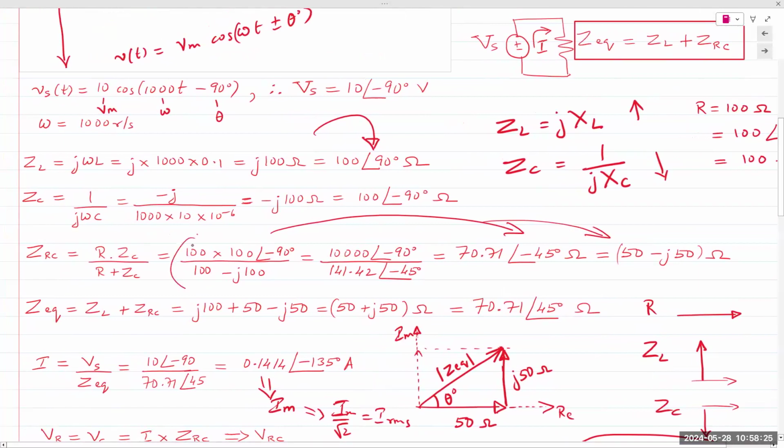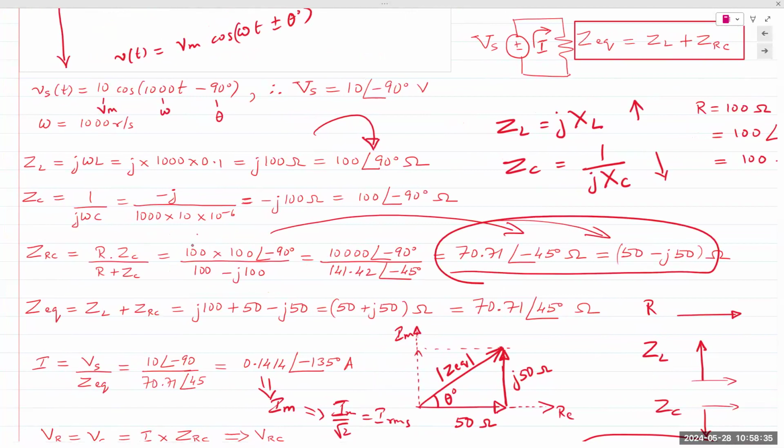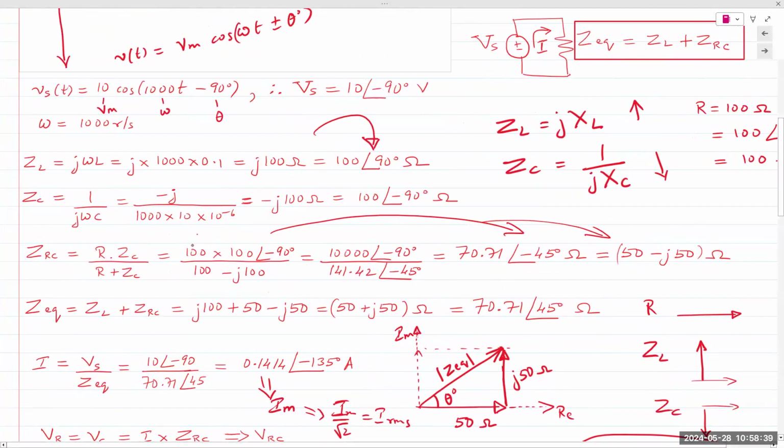And when you plug it into this expression, perform your calculations, and you end up with ZRC with these values, 50 minus j50 ohms. Okay. That is just the resistor and the capacitor impedance together.